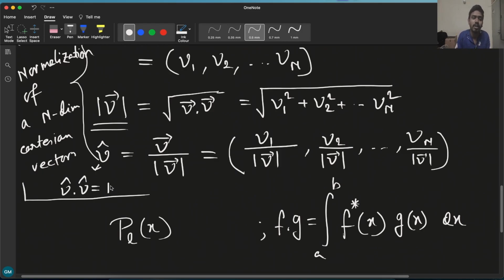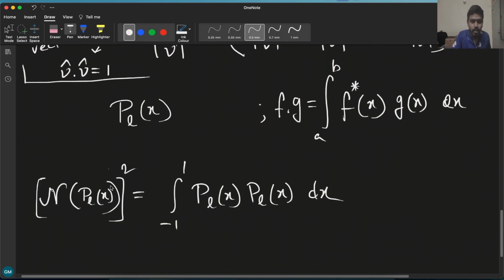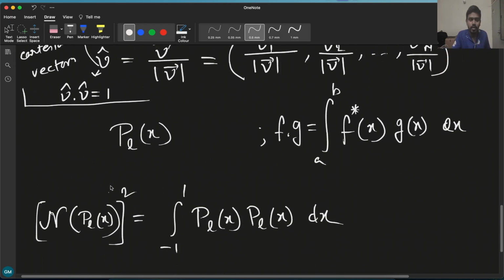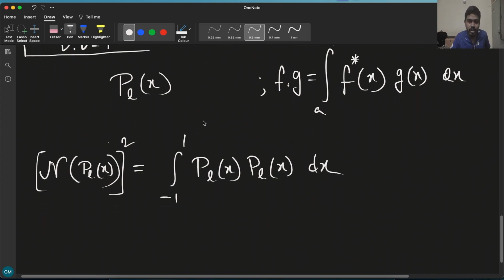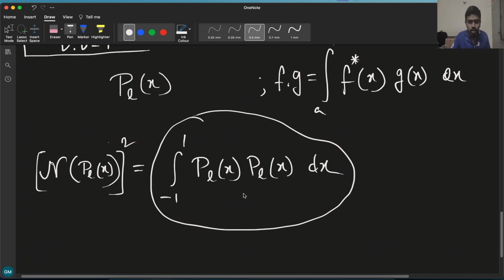That's the meaning of normalization. Now if someone asks whether these Legendre polynomials P_l(x) are normalized, the answer is no. To check whether they are normalized or not, you need to calculate the dot product of P_l(x) with itself, and I will show that it doesn't equal 1. So these are not normalized yet.